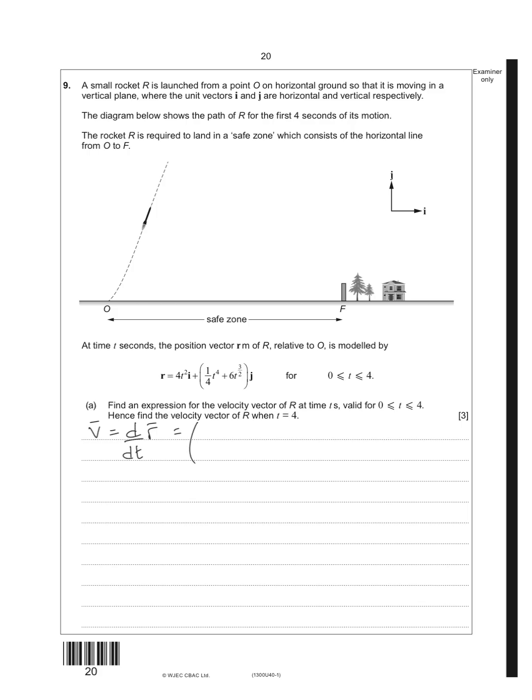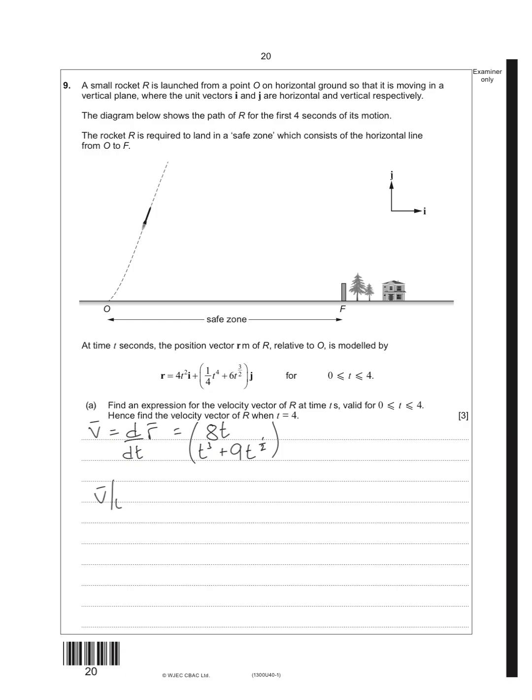So we're going to differentiate both with respect to t, giving us 8t, and then t cubed plus 9 lots of t to the half. That's the general one. Hence find the velocity vector when t equals 4.